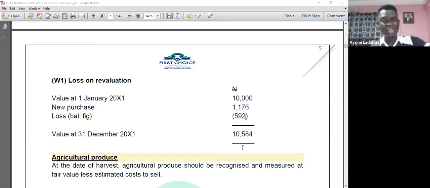When I revalue downward, I also take it to profit or loss. We are not really dealing with those standards, but because they are related to what I'm doing here, I just have to jump into them, okay? So when I see land related to agricultural produce, I will apply IAS 16. And that is it. That's the end of IAS 41.